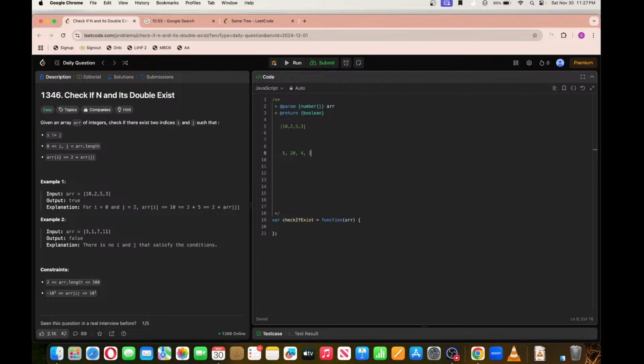So that is one way of doing it. Just create a set, and then for every number, add that number divided by 2 if even, and number times 2.